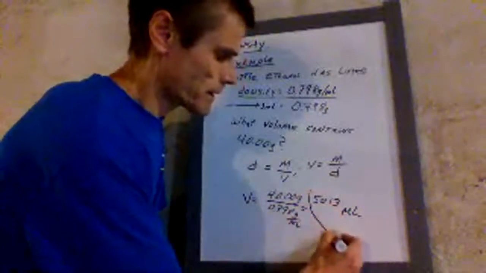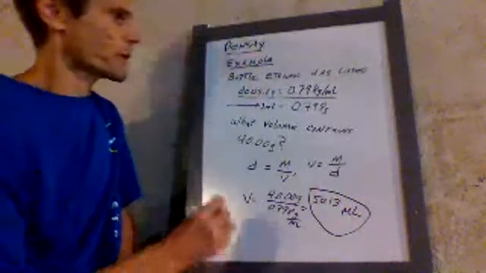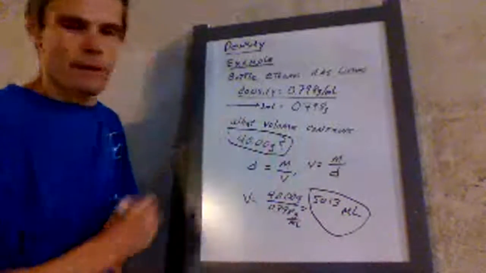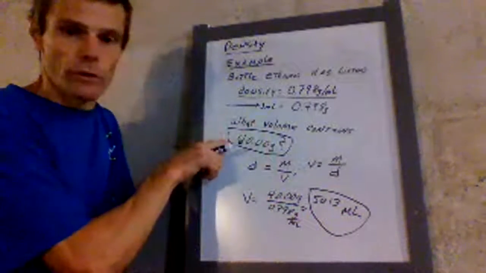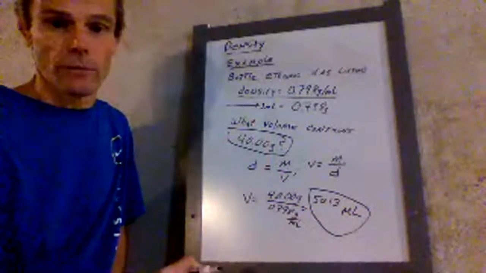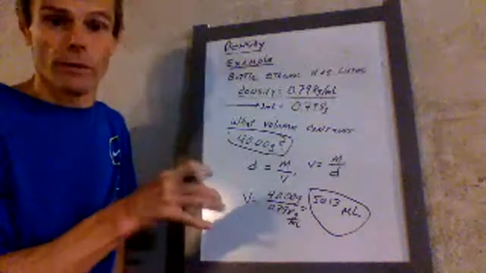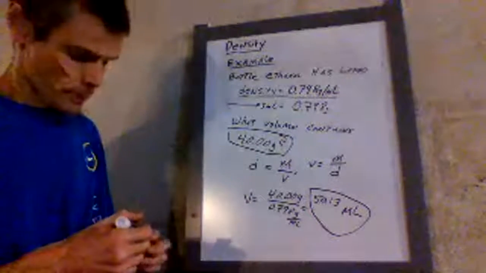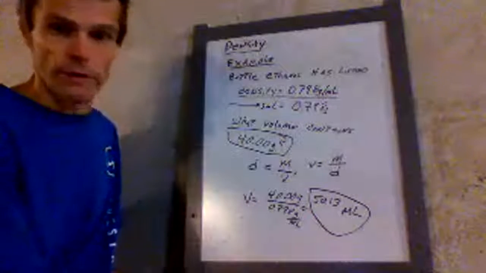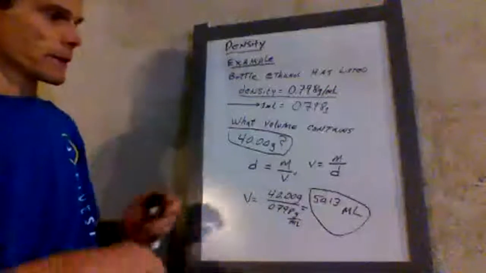I've limited my answer to 4 significant figures, and it's limited by the mass that we began with. This is the number that limits our significant figures when we solve the problem. This is the strategy using algebra to help us determine the volume.